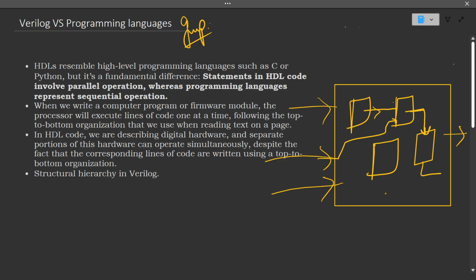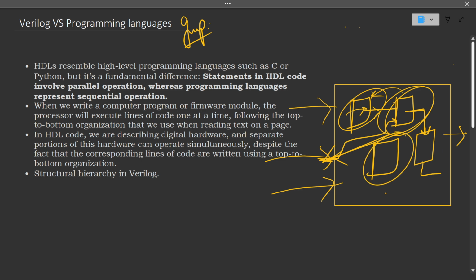So this module is dependent on this module and on this input also. So these two blocks should work parallelly, so that it can provide the input to this, and the main input can also reach this.